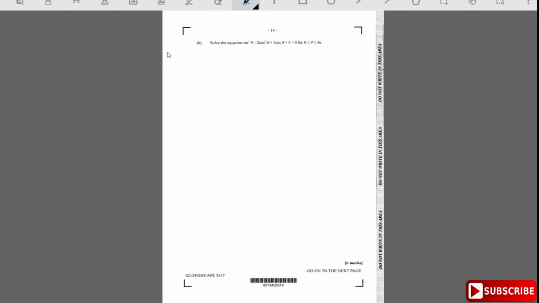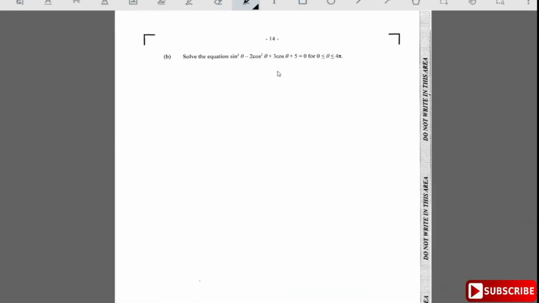Next part. It says solve this equation: sine squared theta minus 2 cos squared theta plus 3 cos theta plus 5 equals 0. To solve this equation, we have to change sine squared to 1 minus cos squared.